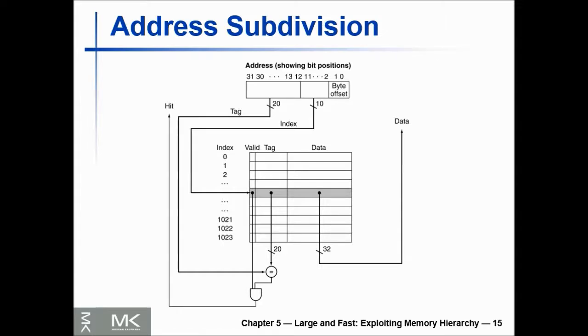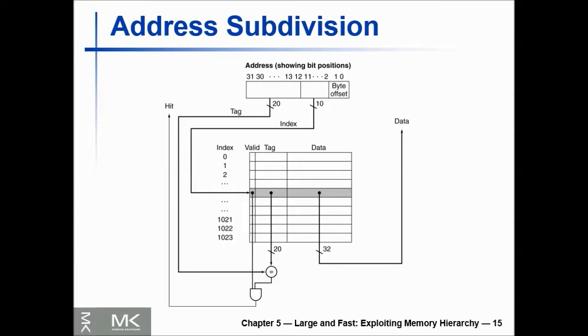The figure for the cache shows the lower portion of the address is used to select a cache entry consisting of a data word and a tag. This cache holds 1024 words or 4 kilobytes of memory. Unless noted otherwise, we assume 64-bit addresses in this chapter. The tag from the cache is compared against the upper portion of the address to determine whether the entry in the cache corresponds to the requested address.